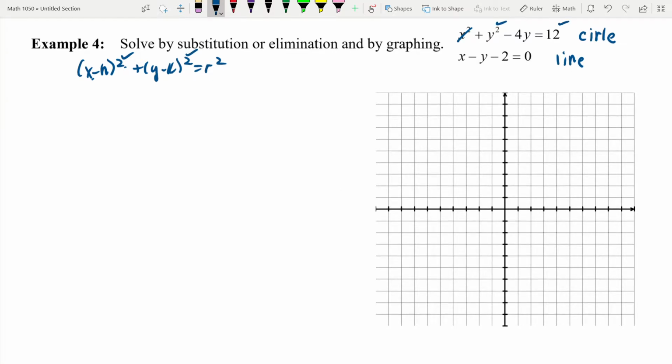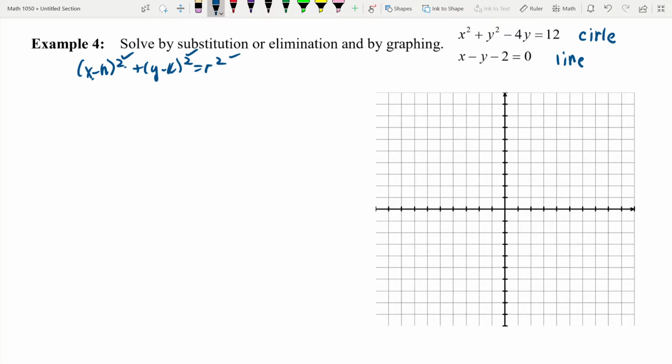Then you've got the 12, that kind of represents the r squared. Then I've got this y to the first power. What do I do with that? Okay, so it's not in standard form. So we have to get it in standard form by completing the square. And that's why this gets so tough. I do not have to complete the square on the x's because there's no x to the first in that line.